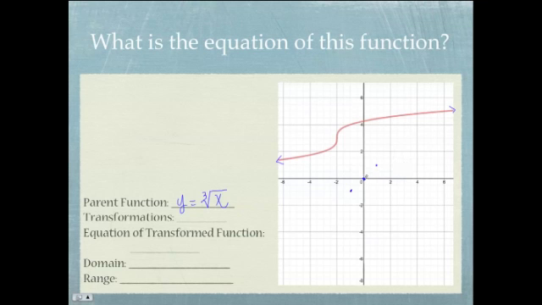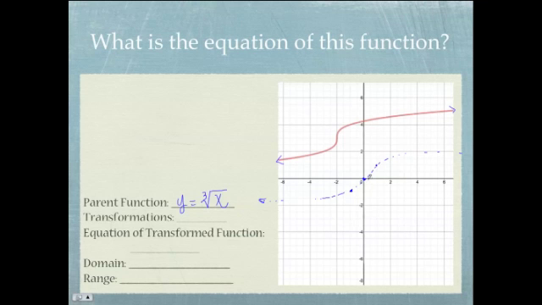I know it goes through (0, 0), (1, 1), (-1, -1), and then my next perfect cube is the 8. So it kind of looks like that.